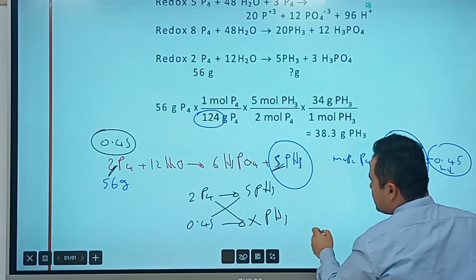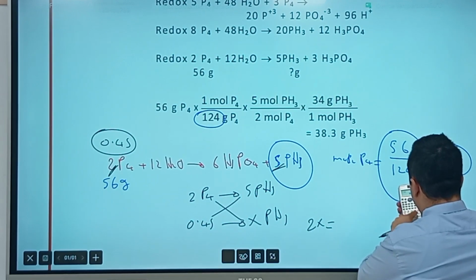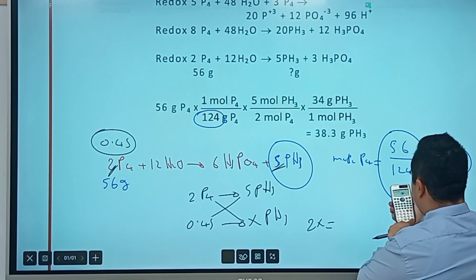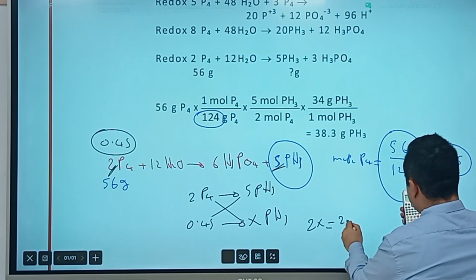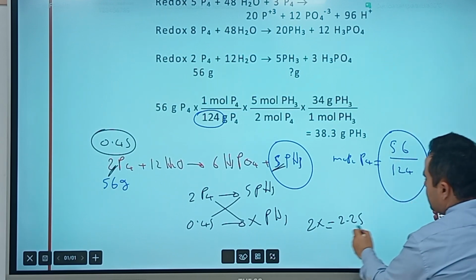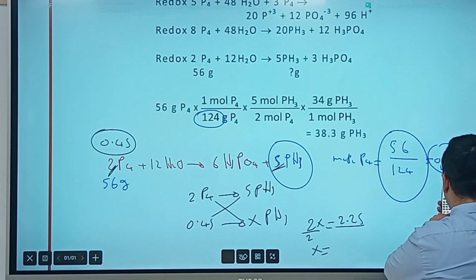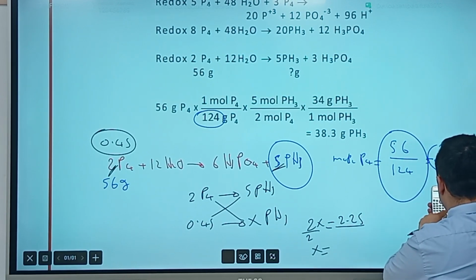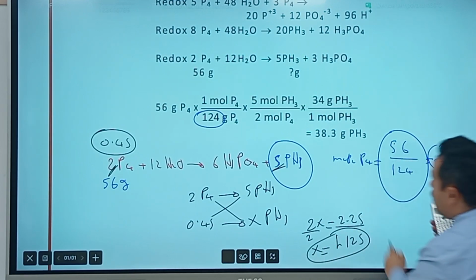Cross multiply both sides. 2X equals 5 multiplied by 0.45, which is equal to 2.25. This divided by 2. X is equal to 1.125.